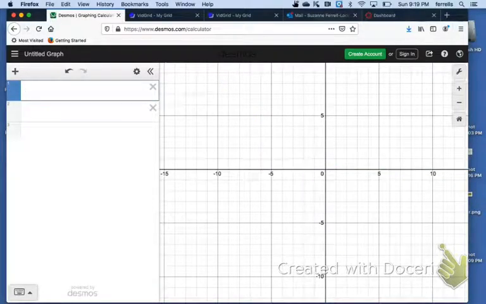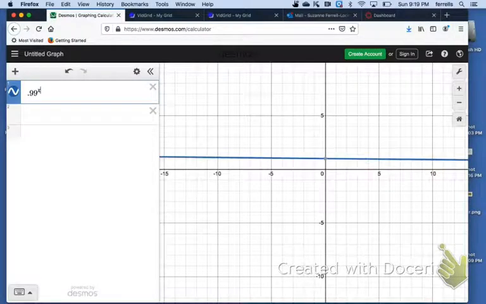This next one is 0.99 to the x. Now, when we first see this one on the window that's given, it almost looks like a flat line. And you might be experiencing this on your own calculator as well. You may want to zoom out several times and change that window.